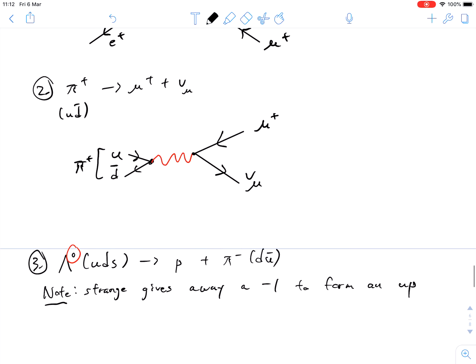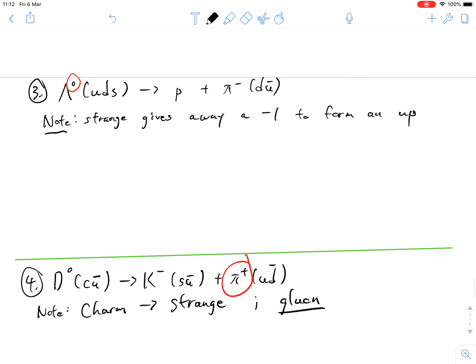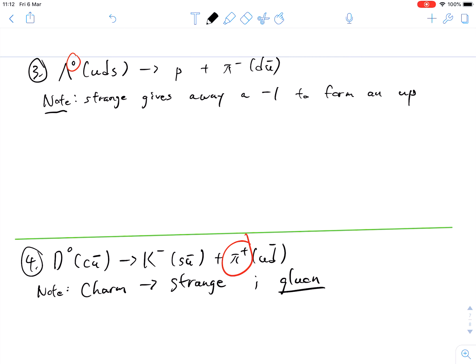Okay, let's look at our third example now. In our third example, I kind of forget the name of this particular symbol there. Sorry, guys.